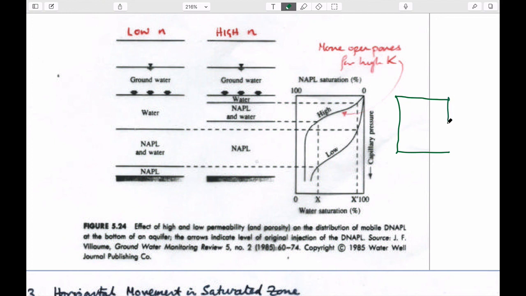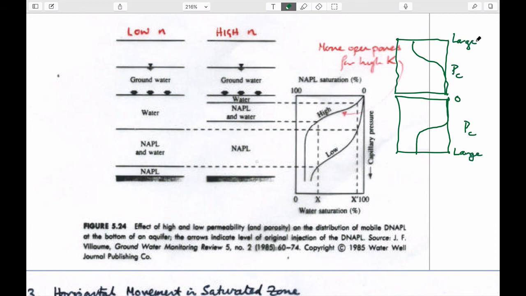If you think about this, 0 to a large number, and if you imagine this as being flipped, this is exactly the same curve but upside down. So this is a large pressure, this is a large pressure, and if you think this is just a mirror image of each other, so they're flipped, then the behavior you have for a DNAPL is exactly the same.